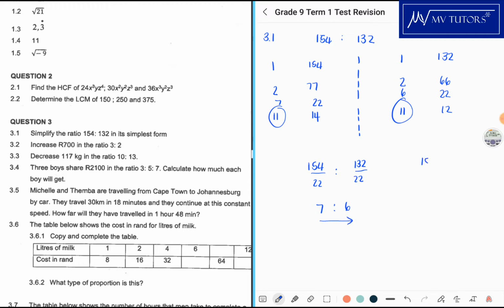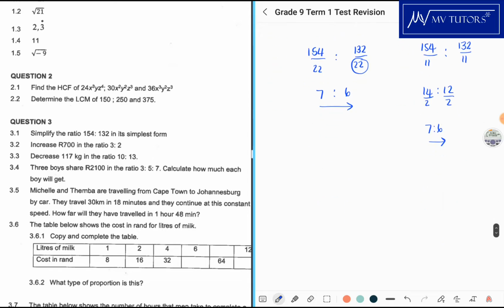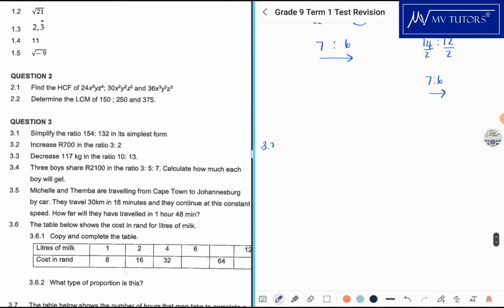Or you could have done it like me, missing what we missed, and you would have said, okay, 11 is the highest common factor, but then you get to a point where you have 14 is to 12, then you need to divide by 2 again. So then you have 7 is to 6. At the end of the day, both answers are correct. Maybe you might get penalized for not seeing that 22 is the highest common factor, but I doubt it.